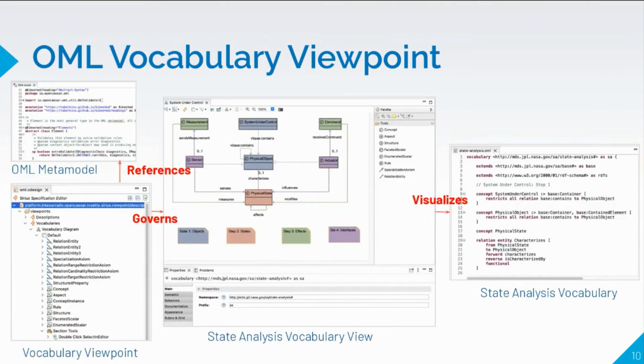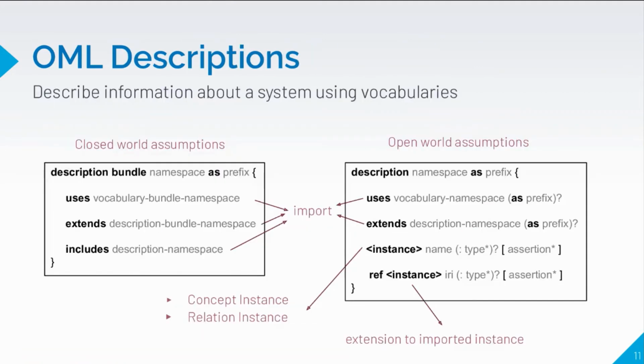So in order to allow the user to author such a thing, we provide a vocabulary authoring viewpoint using Sirius. So think of it as the viewpoint is referencing the OML meta model, OML API, and it defines a viewpoint that allows you to model or visualize, if you have modeled it with Xtext directly, your vocabulary, in this case state analysis.